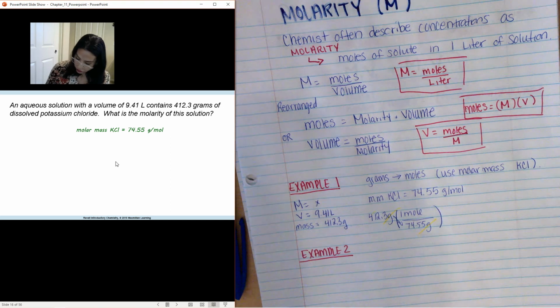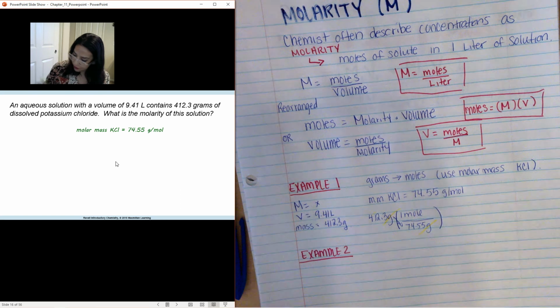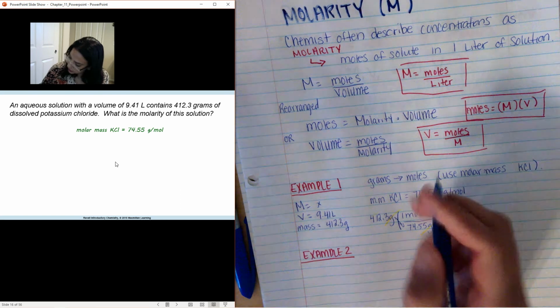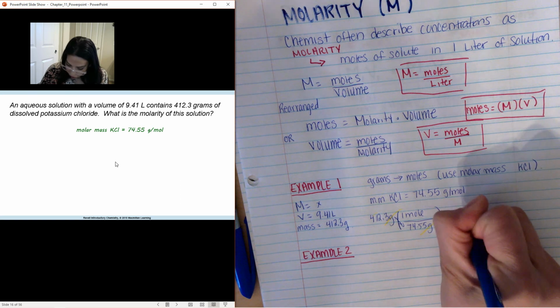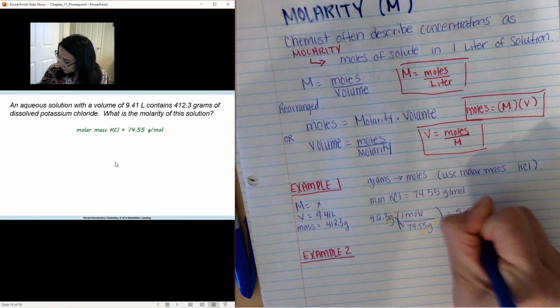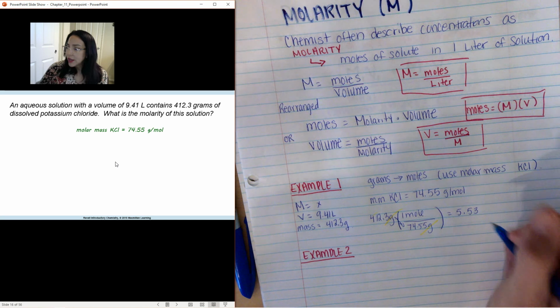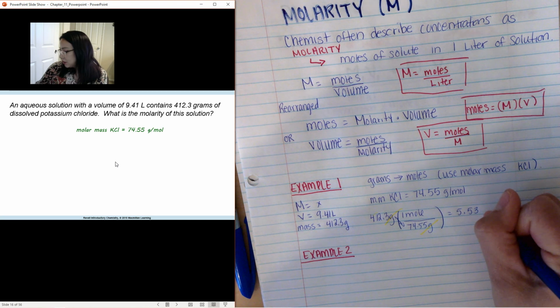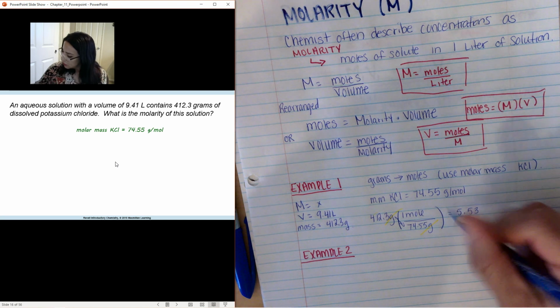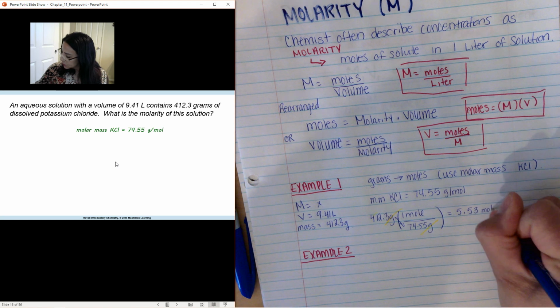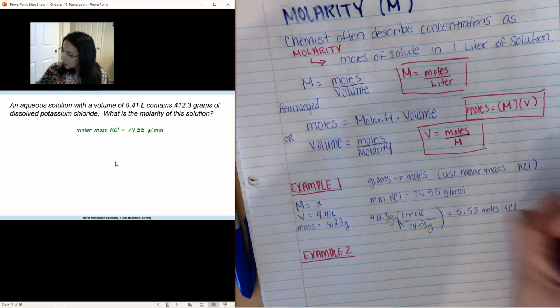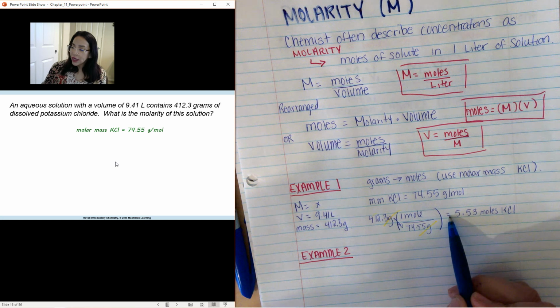So 412.3 divided by 74.55 gives us 5.53. Okay, and this is going to be the number of moles of KCl. Well, we only did one tiny little step here.